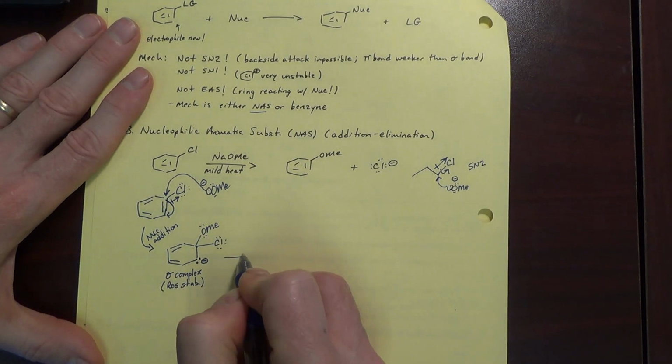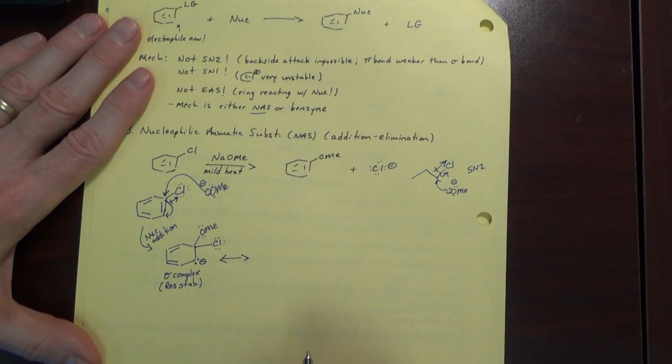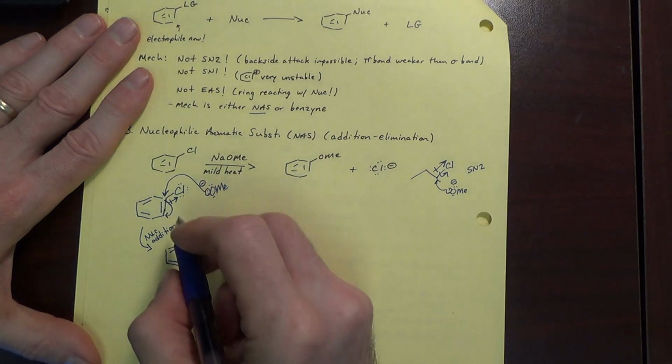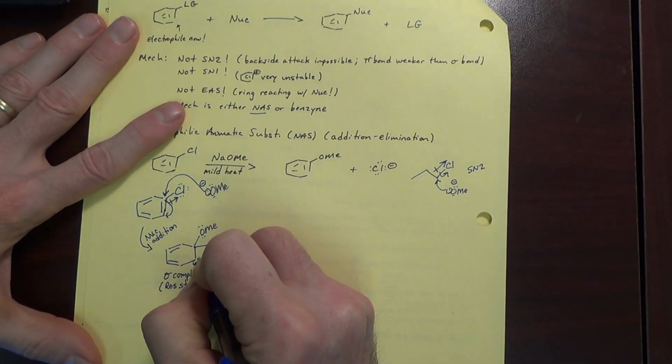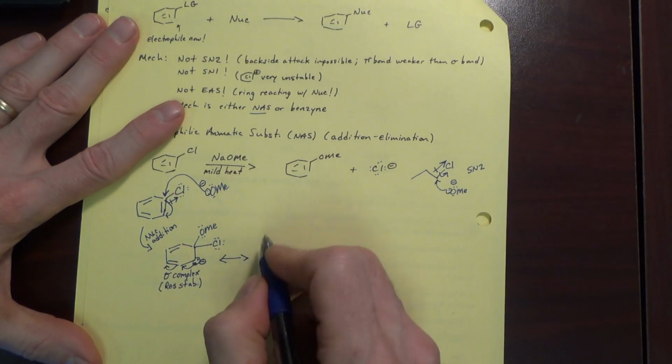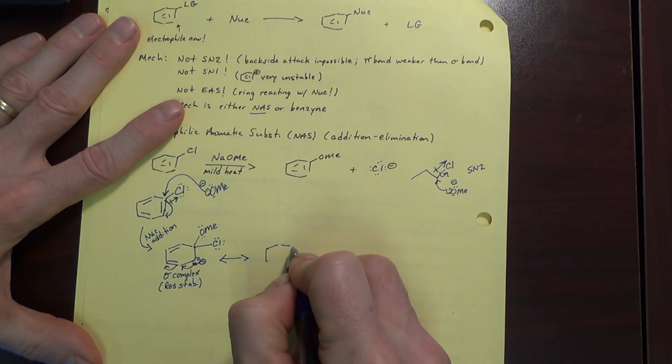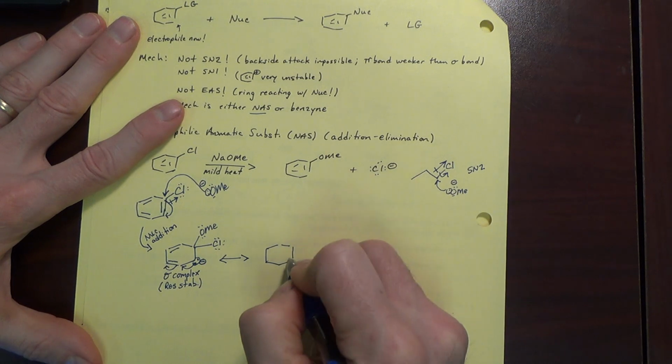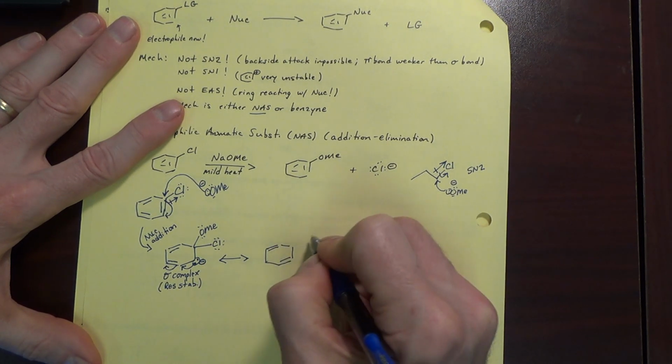And we will show resonance structures. You need to be able to show resonance structures of intermediates in these mechanisms. These electrons can move here, these electrons move out, and we get a pi bond here, here.